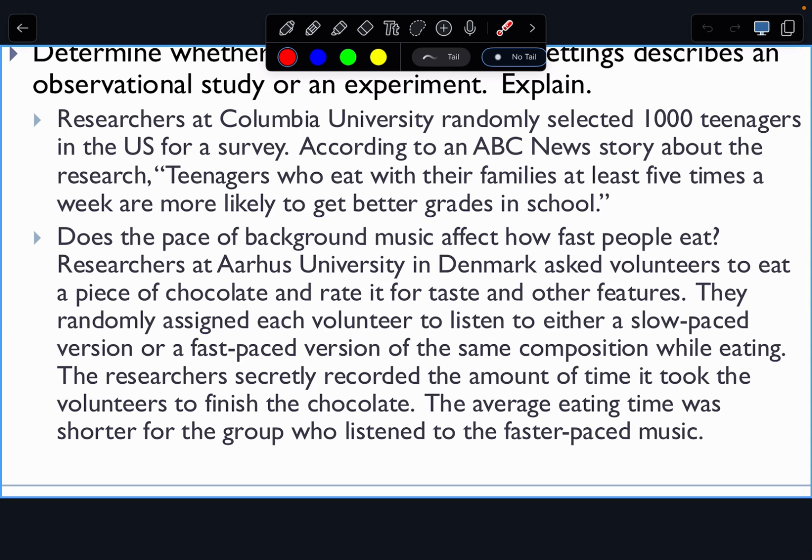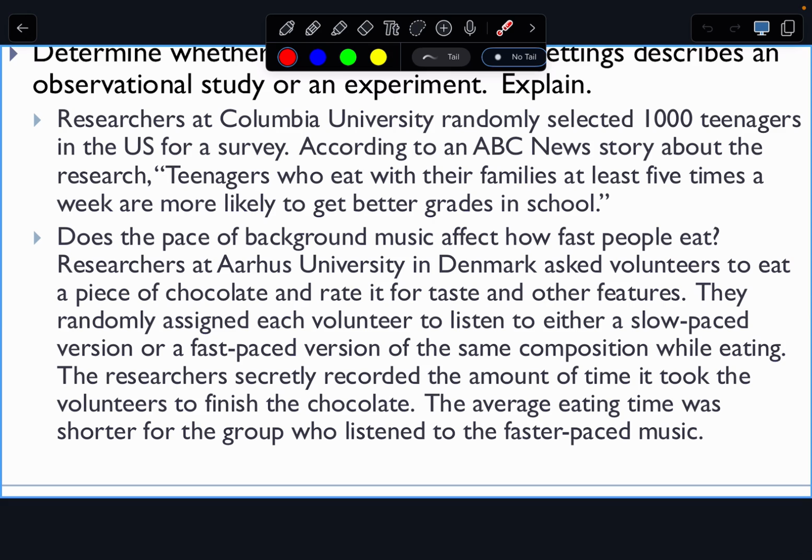For experiments, here's where we've got to pay attention to the wording. In experiments, we're dealing with volunteers. We're not randomly selecting our sample. So taking these findings and generalizing to a larger population doesn't work this time. In the observational study, it did because we randomly selected our sample. This time we're not.